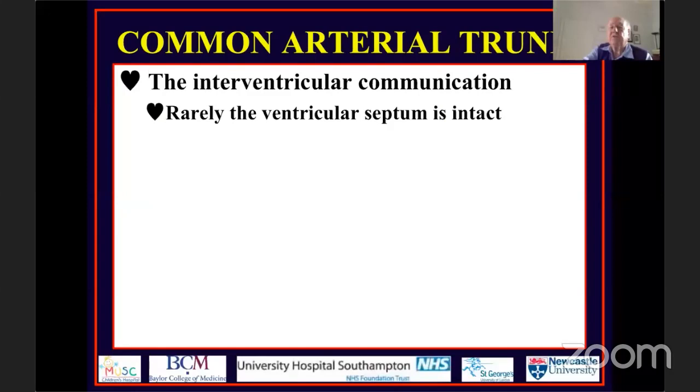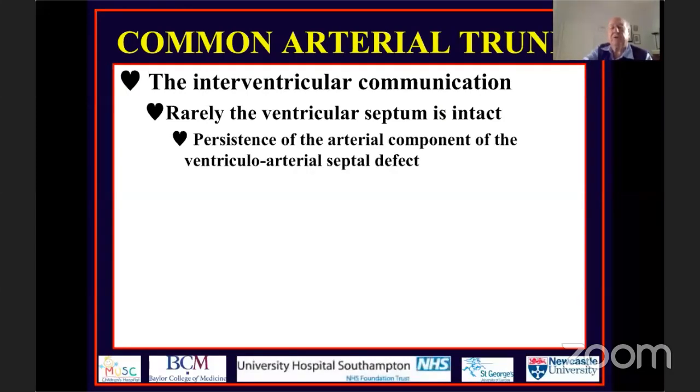So, it is rarely the case, but on occasion, the ventricular septum can be intact in the setting of a common ventriculo-arterial junction. And that leaves us persistence of the arterial component of the ventriculo-arterial septal defect.